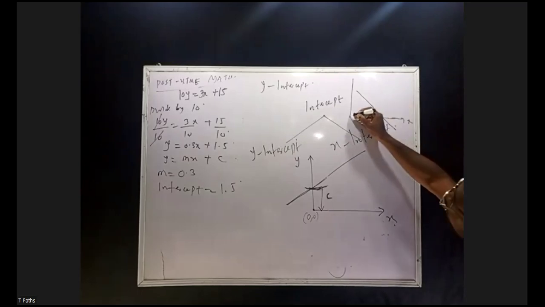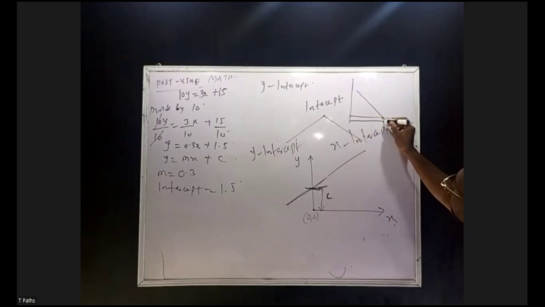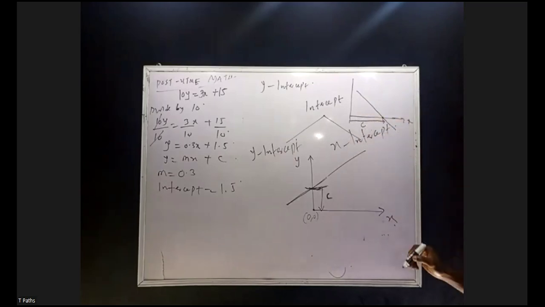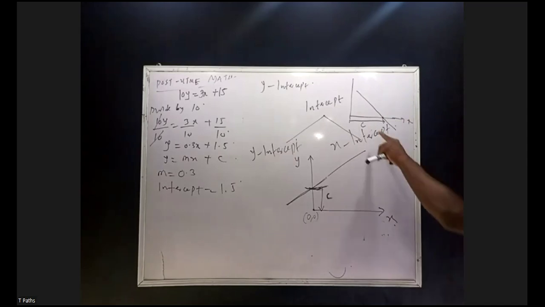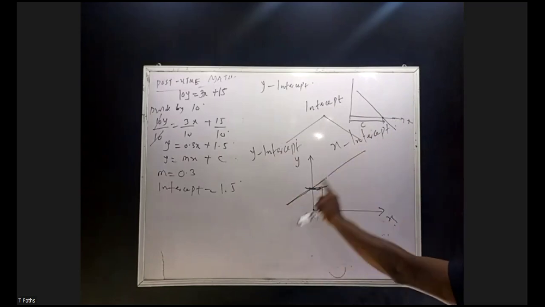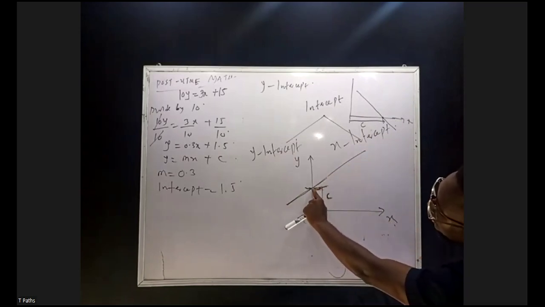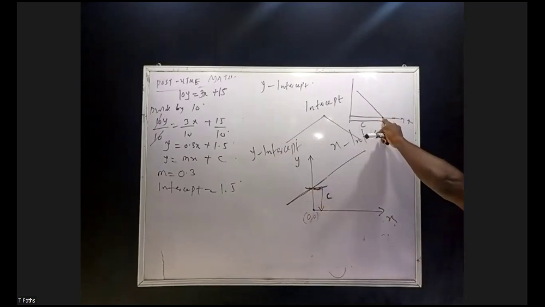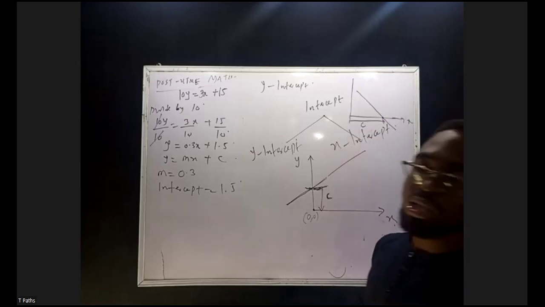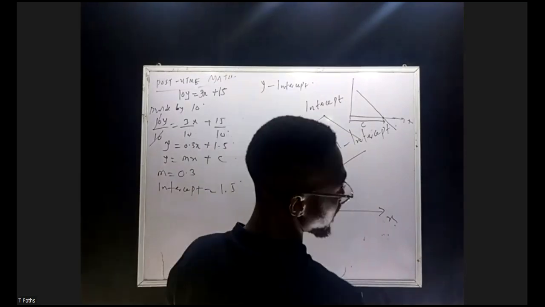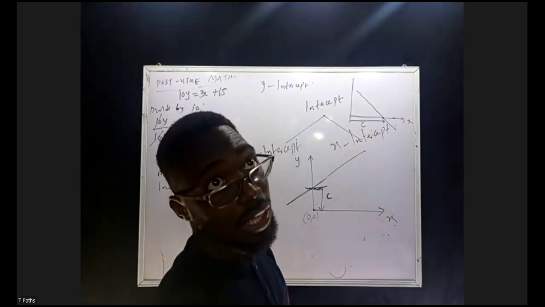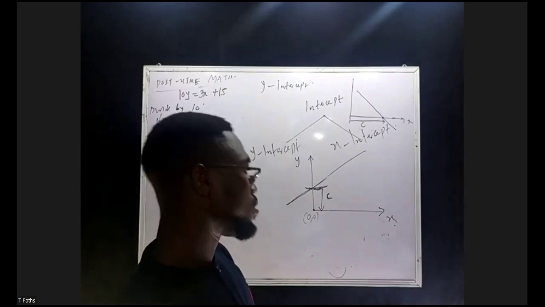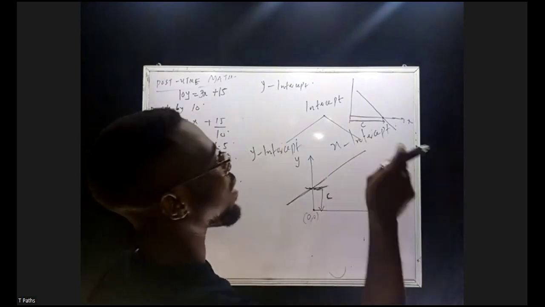From here down to the origin, where it is cutting the x-axis, is called the x-intercept. But wherever it cuts the y-axis is the y-intercept. Am I making sense? Is that clear, class? Yes. So that is what x-intercept and y-intercept mean.